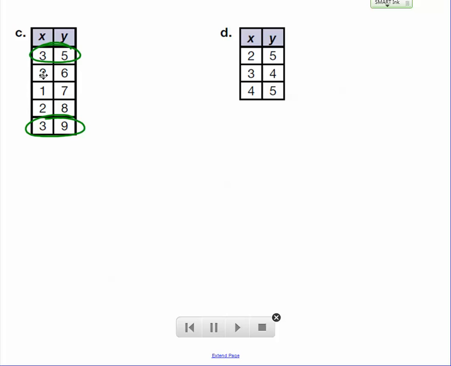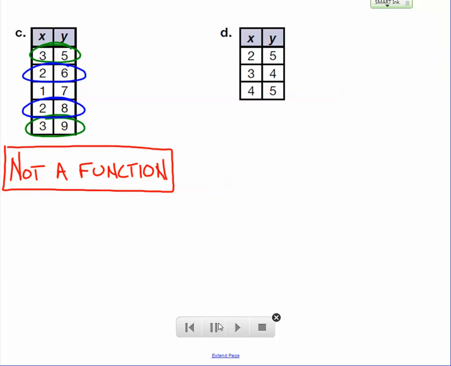I also noticed with the 2, input 2 I got 6, input 2 I got 8. Every time I put in 2, I should get the same number back out, but I'm not. So as far as I can tell, this is not a function because some inputs have more than one output.